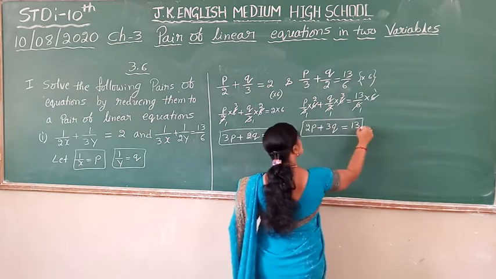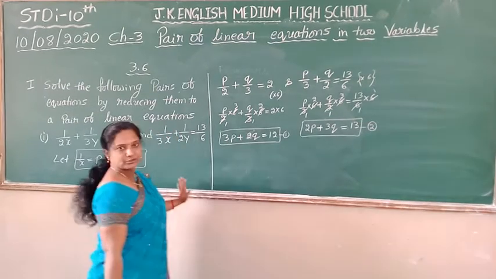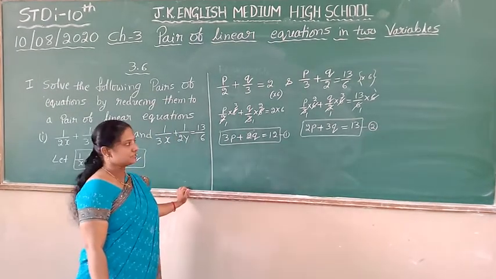You call this equation number 2. Now we have reduced this also to the general form of linear equations in two variables.